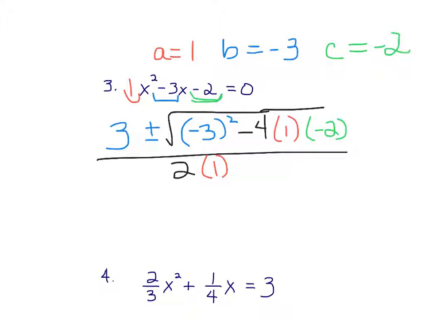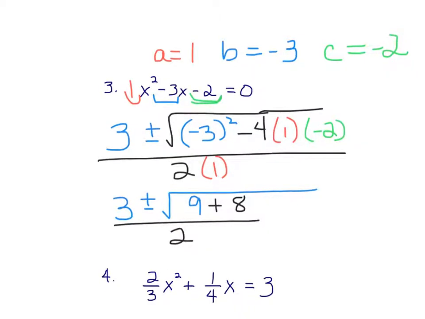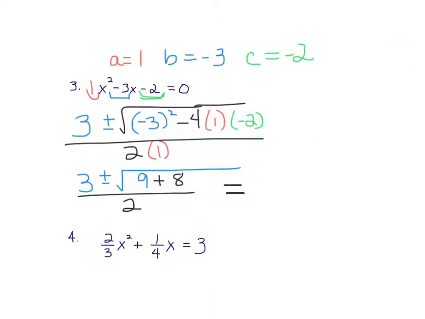I need to simplify. So let me rewrite my 3 plus minus. And then I get 9 minus negative 4 times 1 times negative 2, and I get 8. Divided by 2. I need to simplify 9 plus 8. So now I get 3 plus or minus the square root of 17 over 2.